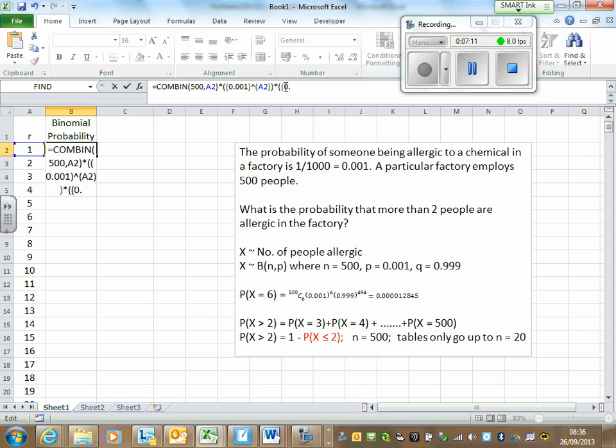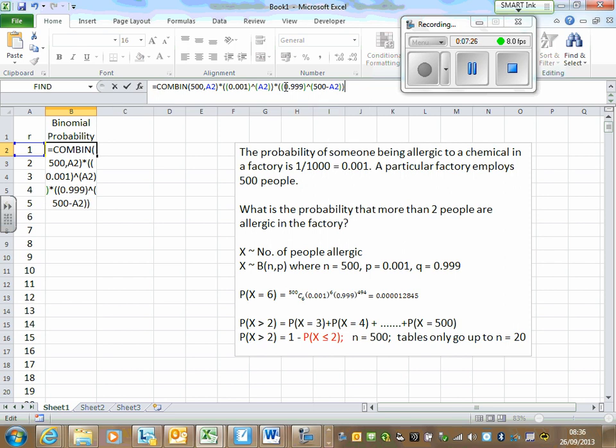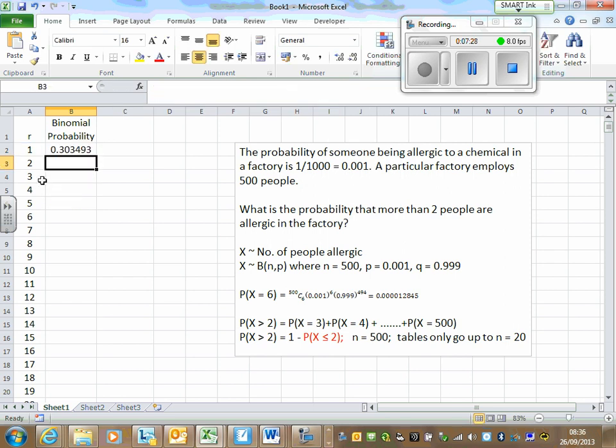Then it's 0.999, let's get this formula right, to the power of 500 minus A2. Right, there's the probability.